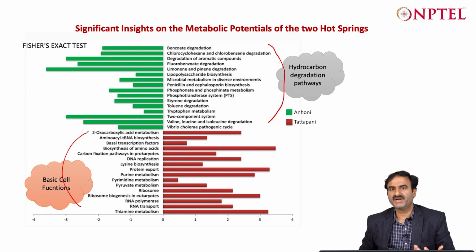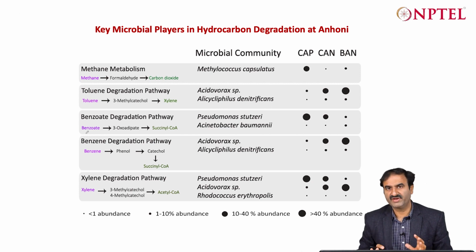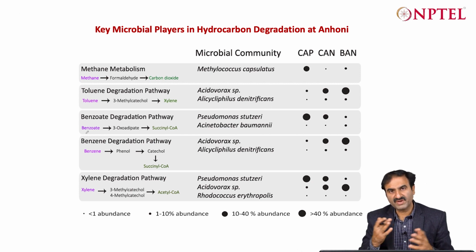Okay, so these are some of the later interpretations or subjective analysis that you would like to do based on your knowledge or the hypothesis that you started the project with. And later on you can further analyze, for example, hydrocarbon degradation pathways and the capability of microbes to do that emerged as one of the important outcomes.